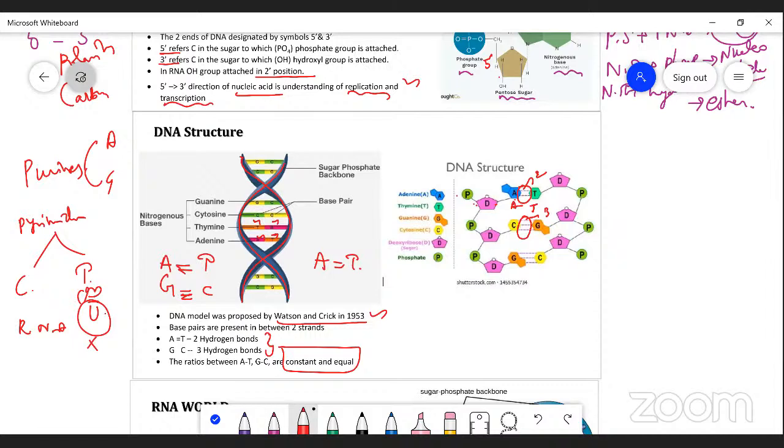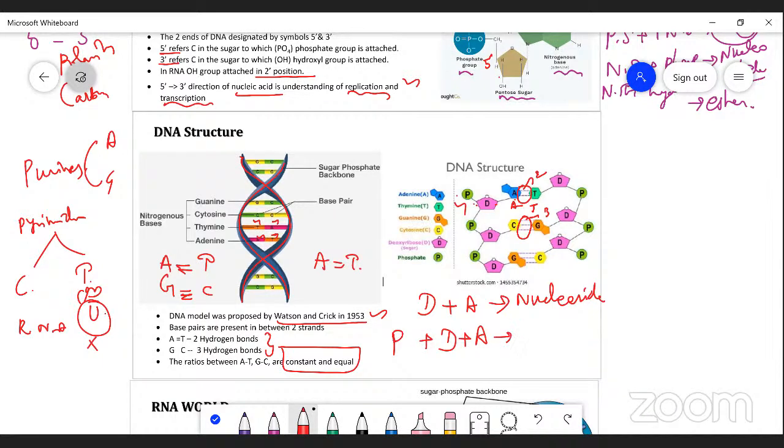So it is called a nucleotide. One sugar, deoxyribose, plus one nitrogenous base, adenine, is called the nucleoside. At the same time, deoxyribose plus one nitrogenous base, whether adenine, guanine, cytosine or uracil, plus one phosphate group on this side.